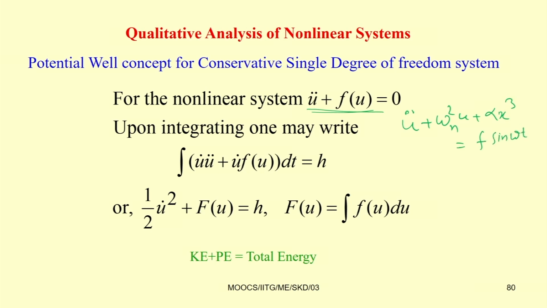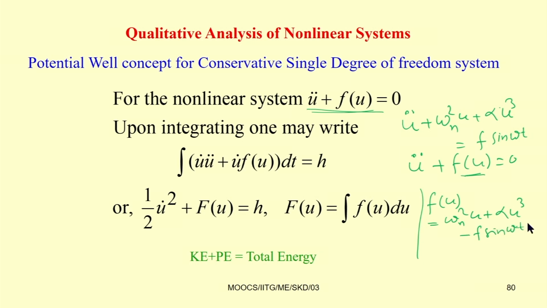This is u cube, instead of x. Here f u, this function of u, equals omega n square u plus alpha u cube minus f sin omega t. This way you can write f u.